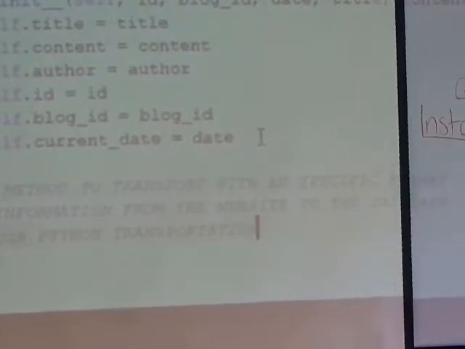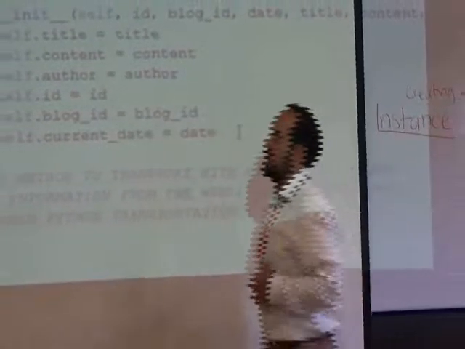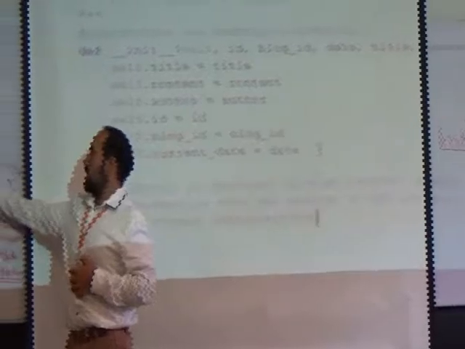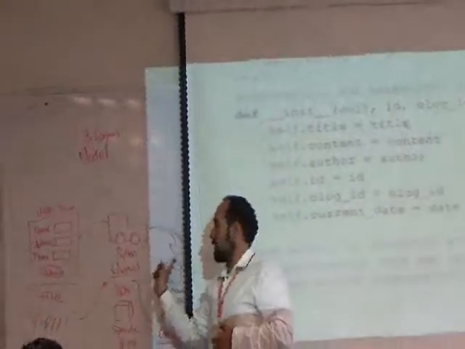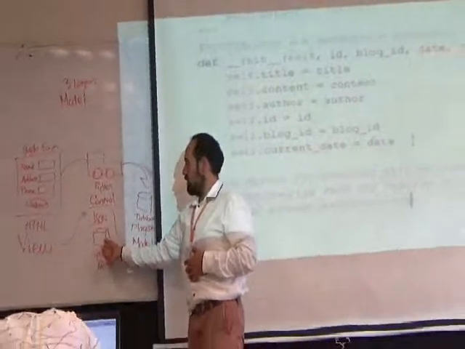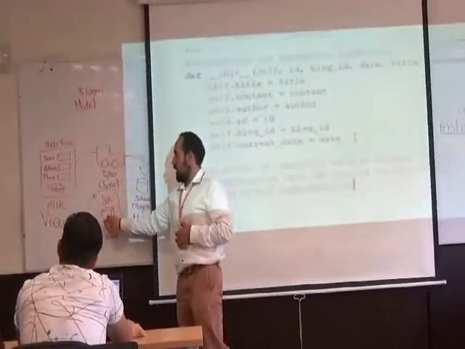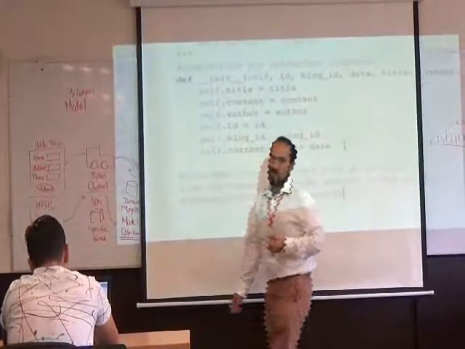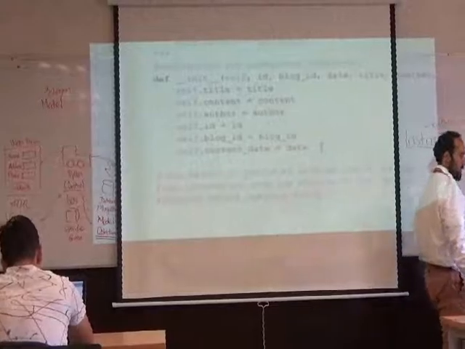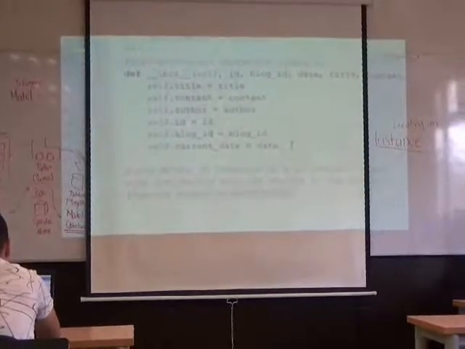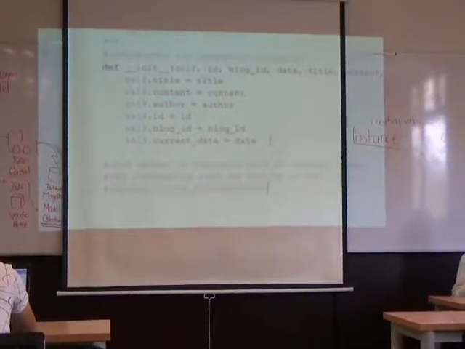Imagine, as I was saying, that Python is the car, is my transportation. I'm sending information from here to here with my control, but using a specific format that is called JSON. Okay? So let's create our JSON, alright?